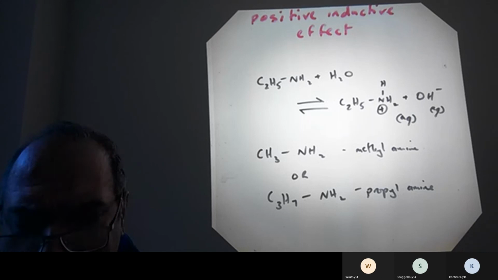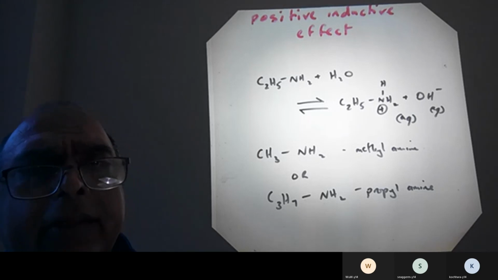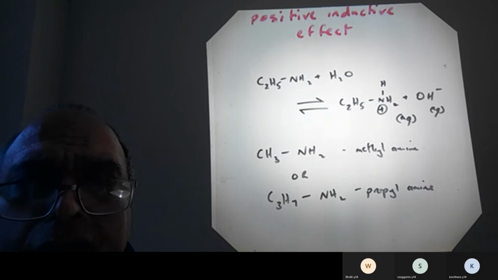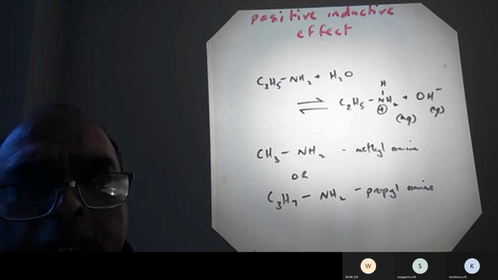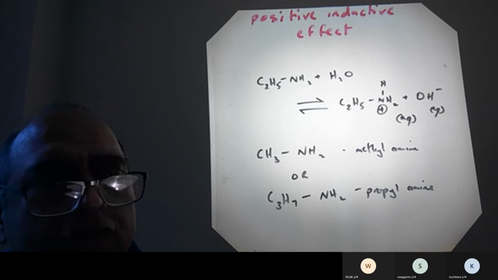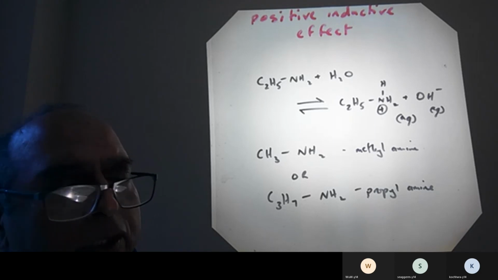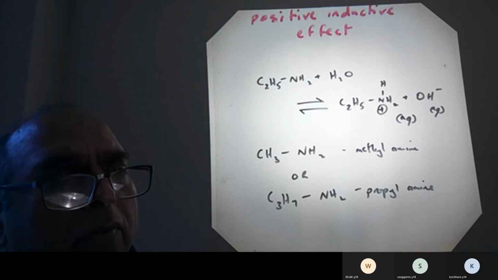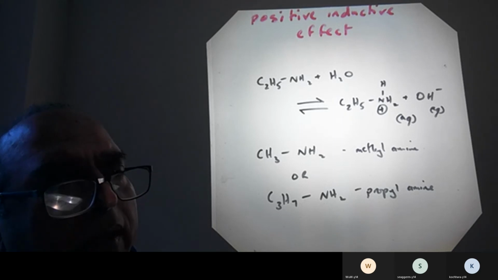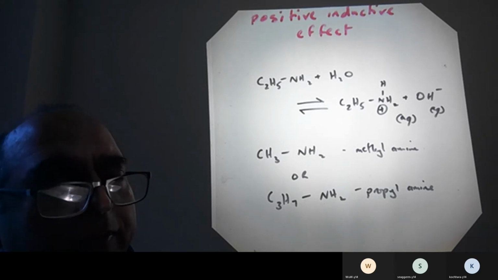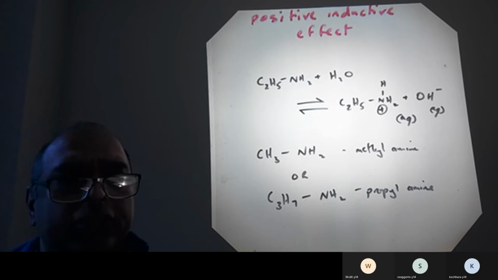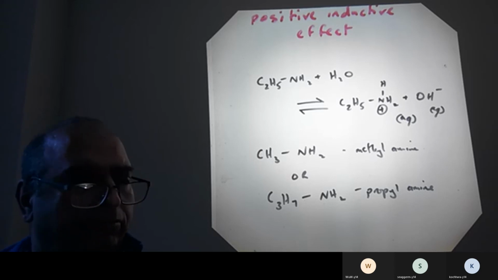So if you are asked to compare the size of an alkyl group attached to NH2 in a primary amine, you must use the argument that larger groups have a more positive inductive effect, and therefore are a little bit stronger as weak bases. Okay, so that's the first discussion, with primary amines.